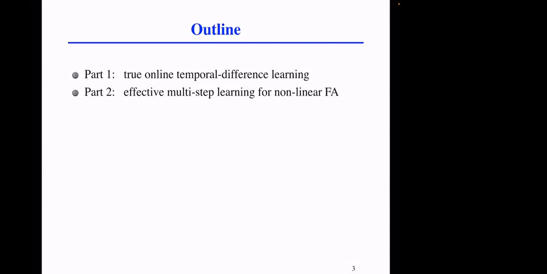In the second part, I'm going to talk about doing multi-step learning for nonlinear function approximation, because as I said before, it's not so common in deep RL to see multi-step updates or eligibility traces. I'm going to talk a little bit about why that is, but also what you could potentially do to still get some multi-step updates.